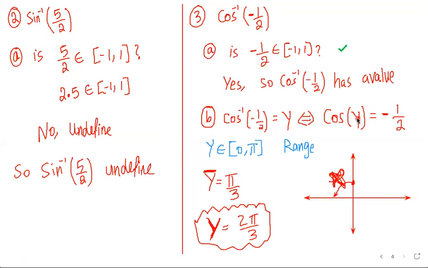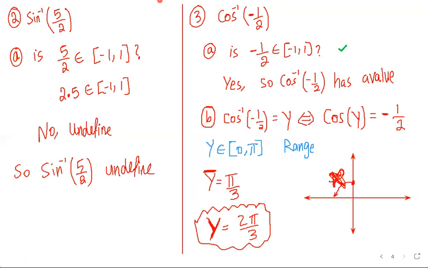If I plug in pi over 3, I get 1/2 positive. But the question is to find it for the negative. So for the negative, I need the angle between 0 and pi, so the angle must be in the second quadrant. From the table last time, if the reference is pi over 3, the angle must be 2 pi over 3.